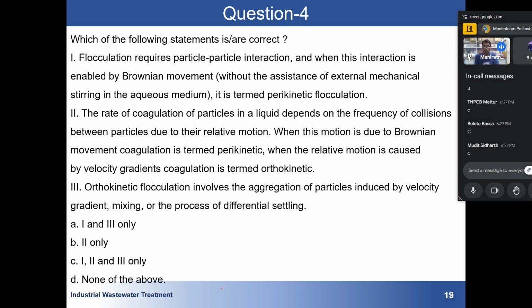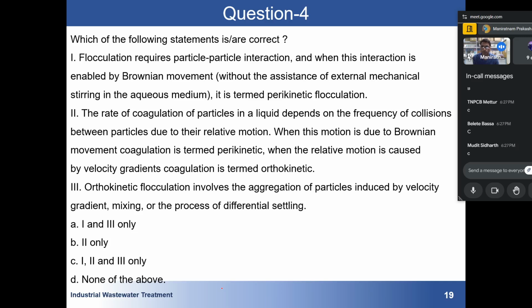Again, one lengthy question. Which of the following statements is or are correct? The first is flocculation requires particle-particle interaction, and this interaction is enabled without any external mechanical stirring. It is termed perikinetic flocculation.